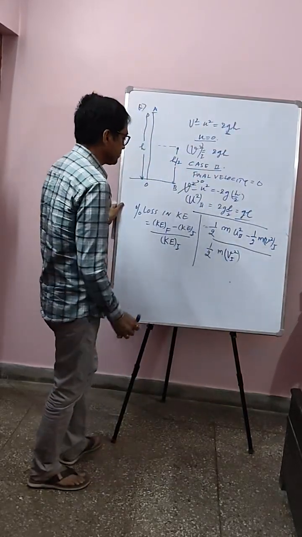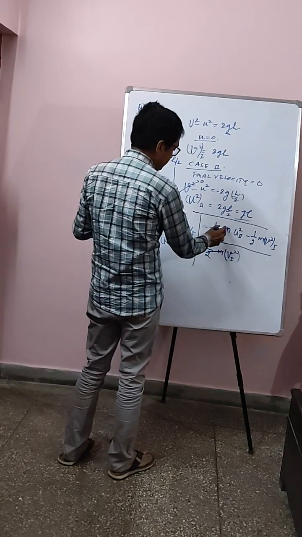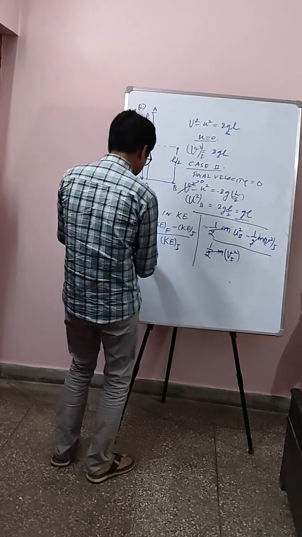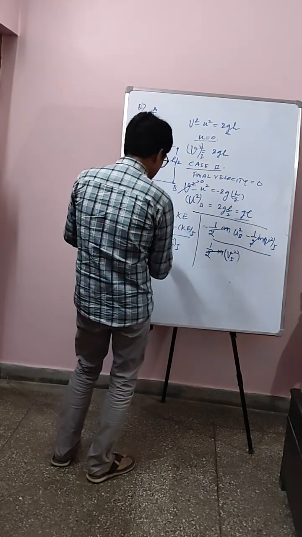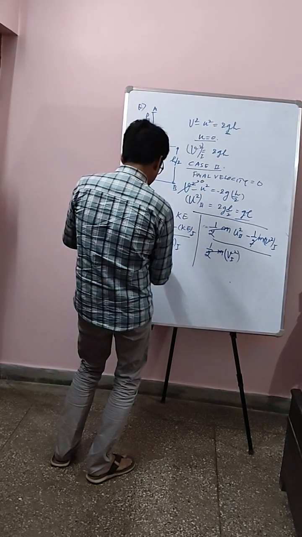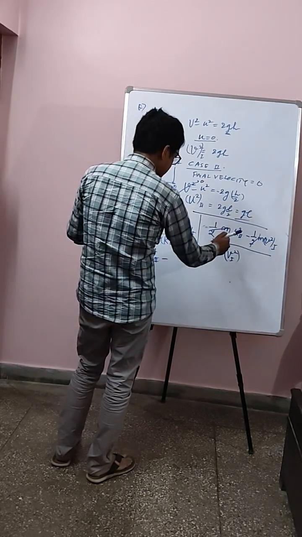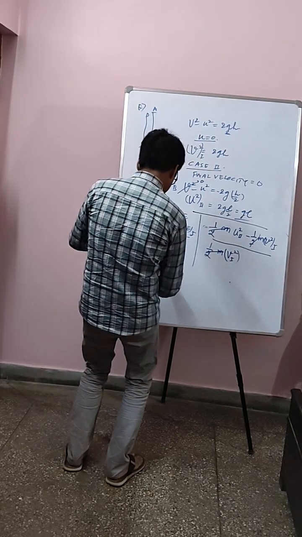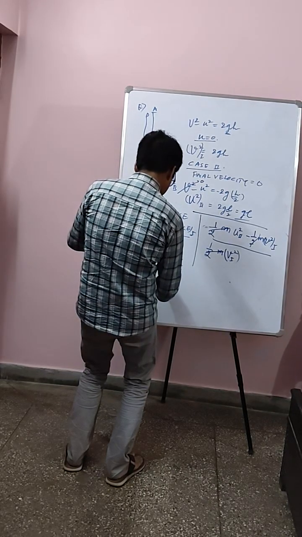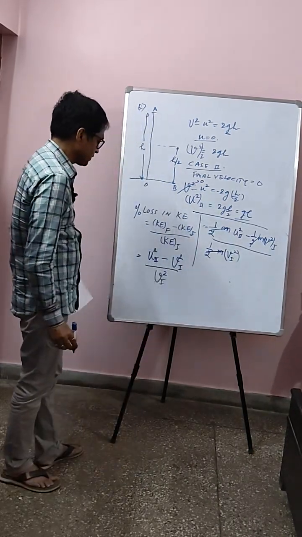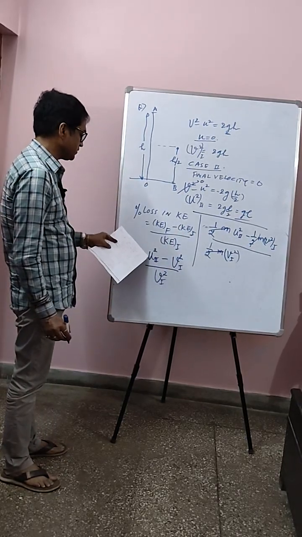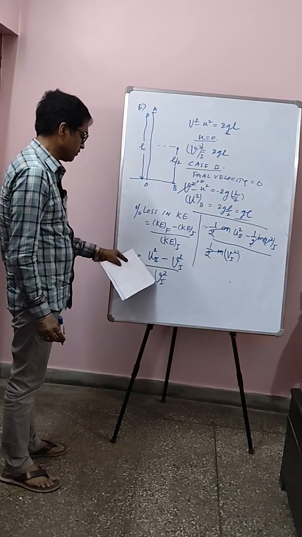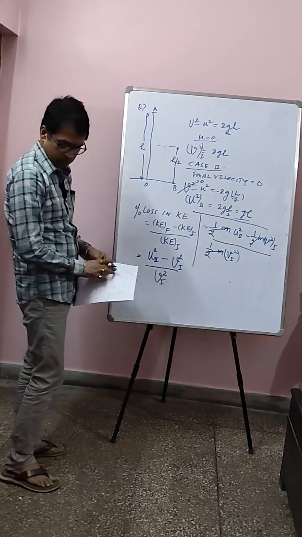Half m cancels on both sides. So what we get here is u square, the initial velocity in the second case, minus v square in the first case, divided by v square in the first case. So this is the percentage loss in kinetic energy.